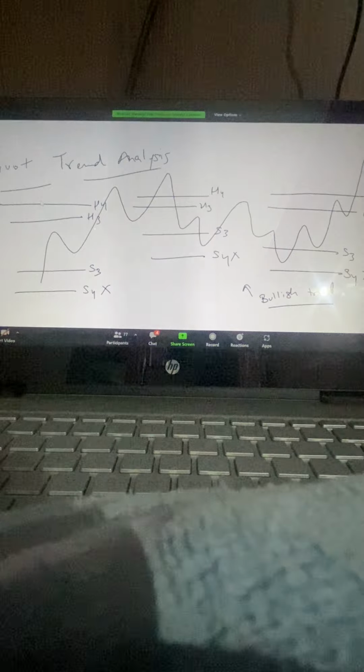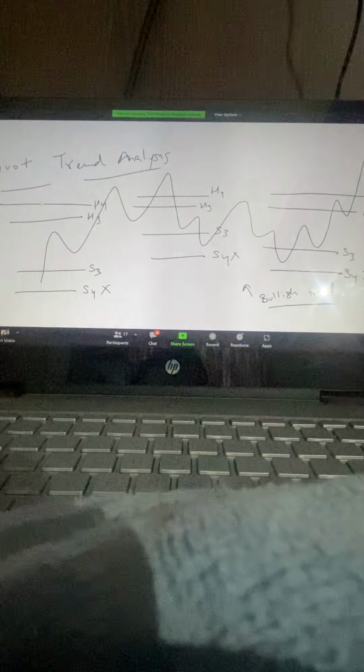But until and unless S4 is protected, trend will remain bullish. Okay, so make a note of this. Until S4 is protected, trend will remain bullish.